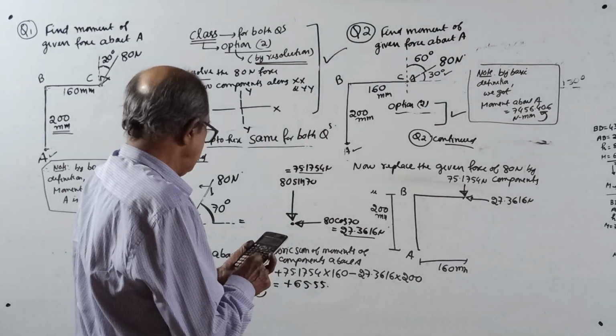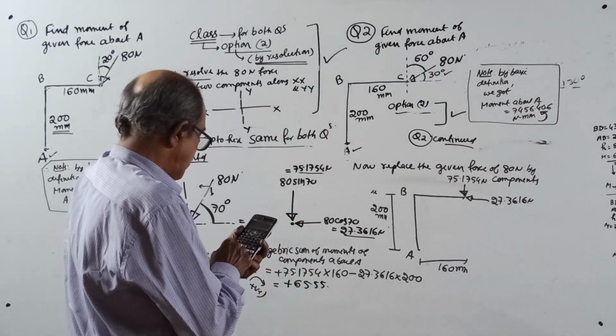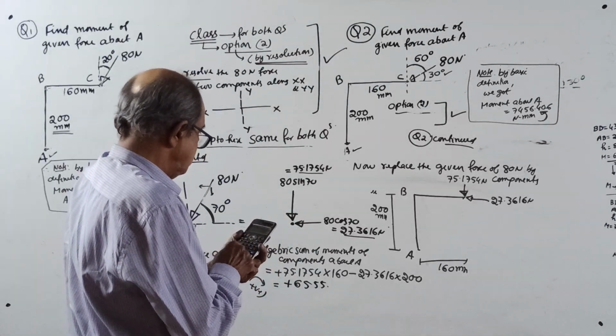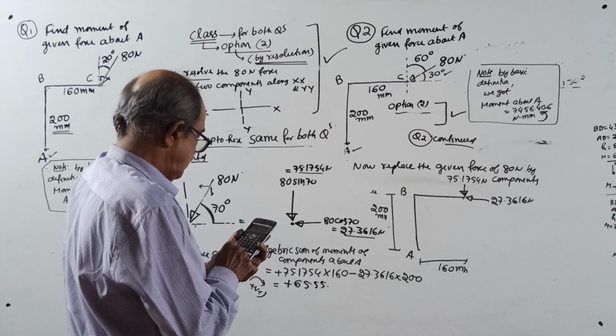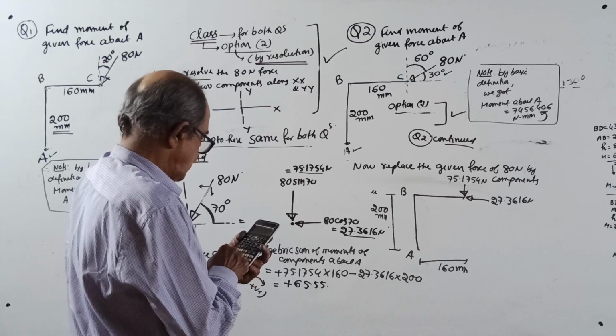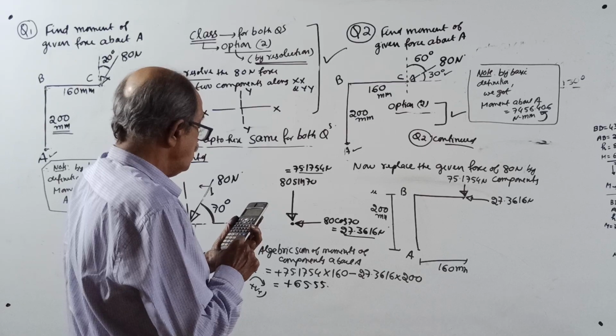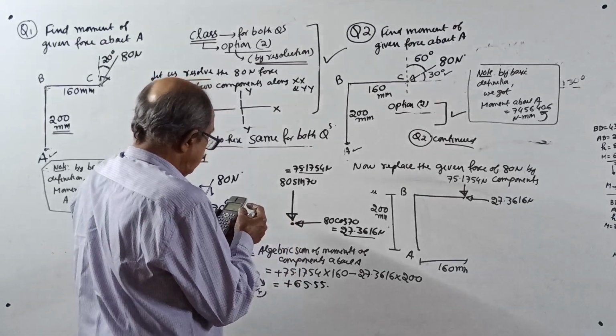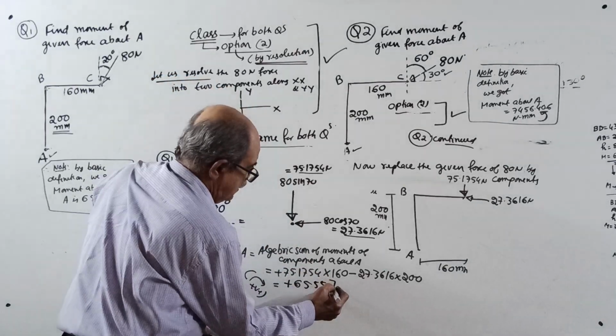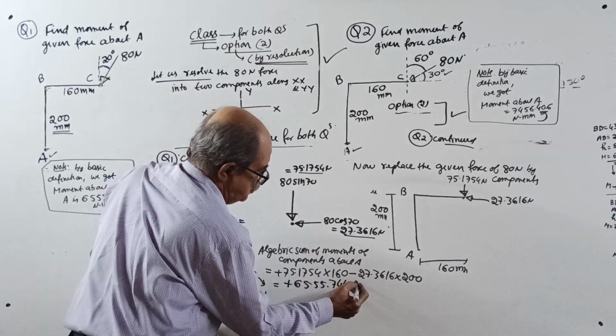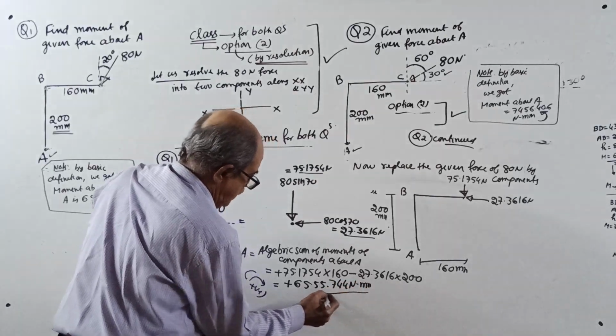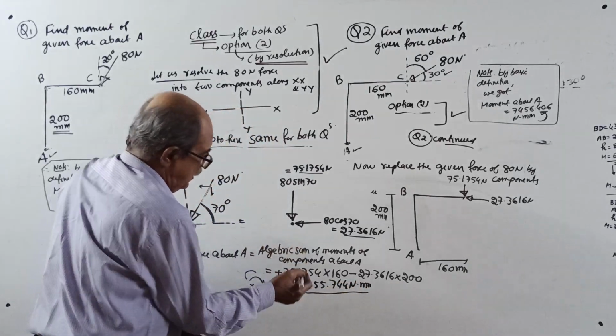Let me check it. Okay, see, 160 minus 27.3616 into 200 equals, oh, same, 6555.744 Newton millimeter.